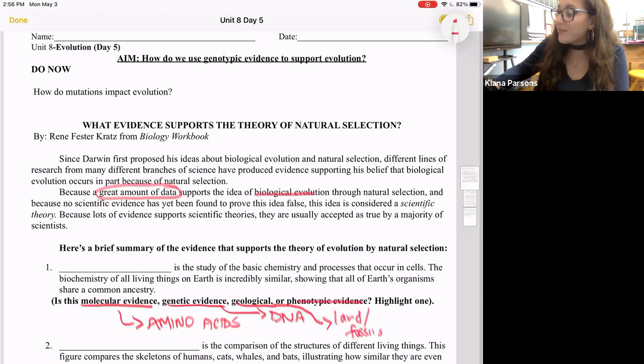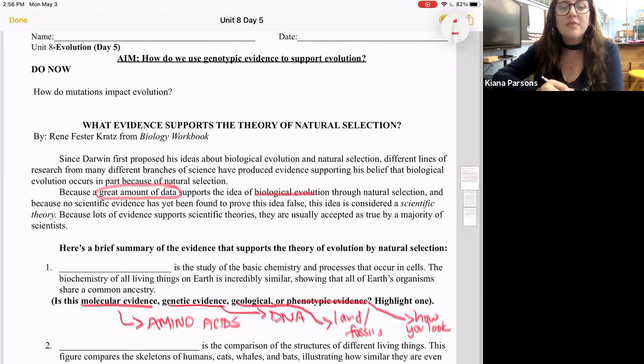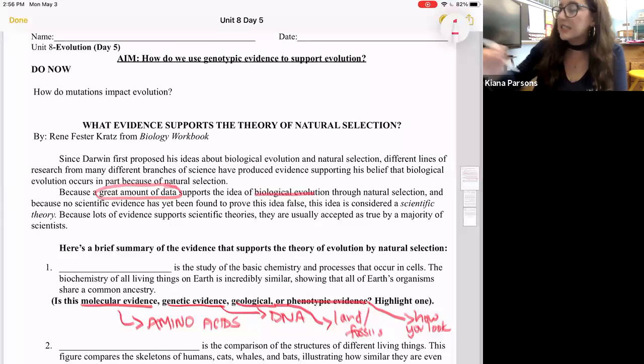Or phenotypic evidence, which you hopefully remember, phenotype is your physical characteristics, how you look. And we're going to go through several examples and rate each one. Is it molecular evidence, genetic evidence, geological evidence, or phenotypic evidence? Let's start with the first one.